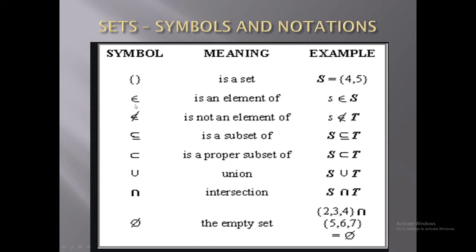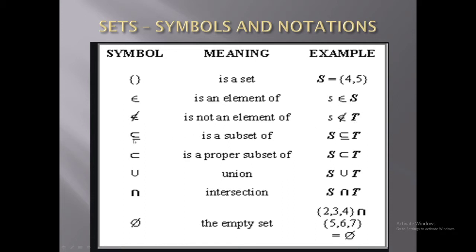This one is epsilon, that means it belongs to. Belongs to means that the element belongs to that set. If you put one slash on that epsilon, it means that that element does not belong to T.